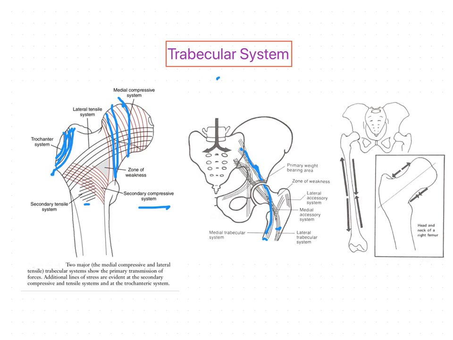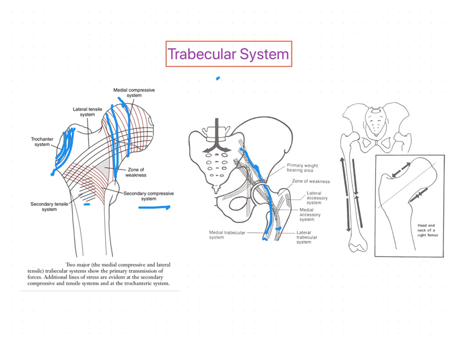The medial accessory system arises from the medial aspect of the upper femoral shaft, crosses the lateral trabecular system, and fans out into the region of the greater trochanter. The lateral accessory trabecular system runs parallel to the greater trochanter.